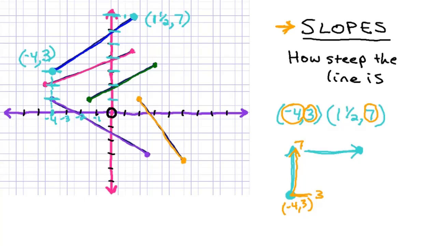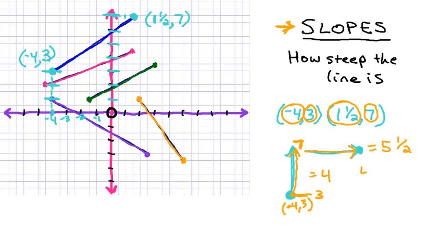So in total, if you subtract the 7 minus the 3 where it started from, you're going to get 4. And then we have to find out how far it went over. And it started at -4 and it ended up at +1.5. So if you put those together, that's going to give you 5.5.